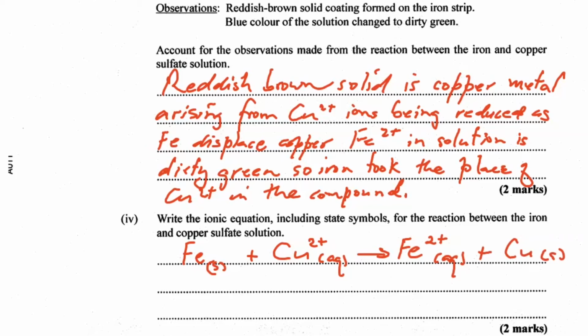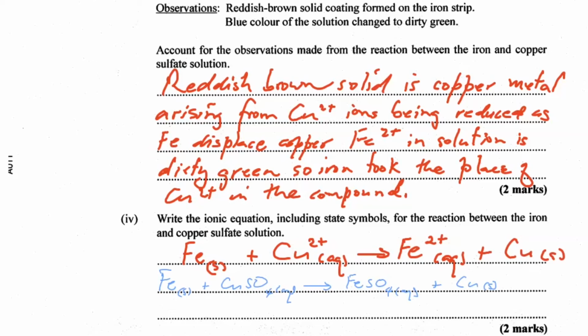So first it would be Fe solid plus CuSO4 aqueous to give us FeSO4, that's our iron sulfate, plus Cu solid.